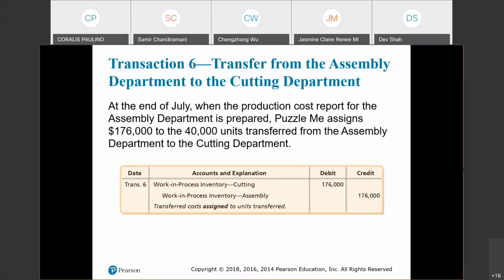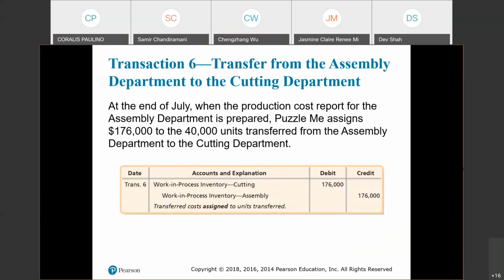Well, this is the transfer from the first department, assembly department, to the second department, cutting department. So let's see, what do we do?